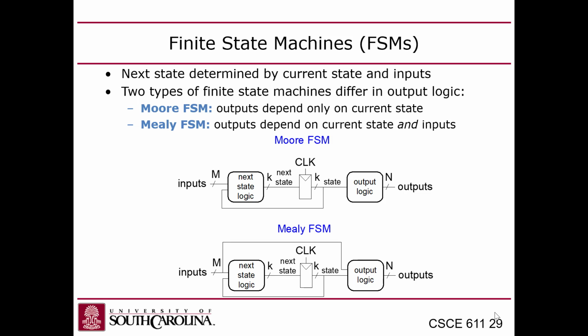Now that has a consequence: the output will no longer necessarily only change on the clock cycle. That will make the output asynchronous, right? Because if the inputs are allowed to affect the output, then even within one clock cycle, the inputs could be toggling, and that may potentially change the output even within a clock cycle. Whereas if you design it as a Moore machine, the outputs will only change once per cycle, right? You guys with me?